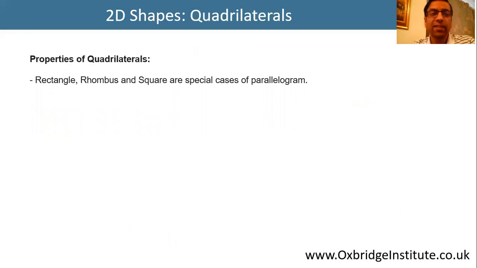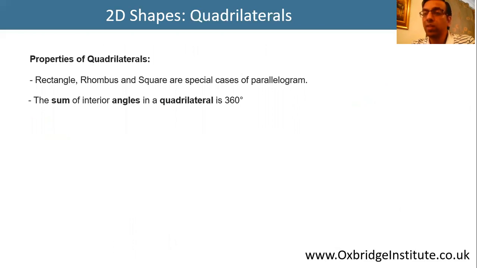It's worth remembering that rectangle, rhombus, and square are all special cases of a parallelogram. So the important thing in a parallelogram is that the opposite sides are parallel to each other. And so a rectangle, rhombus, and square are just special cases of a parallelogram. The sum of interior angles in a quadrilateral is always going to be 360 degrees.